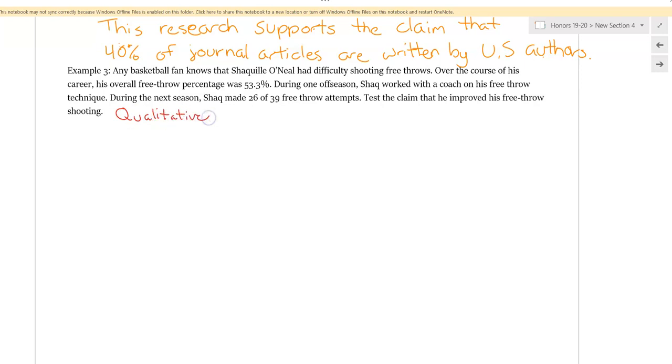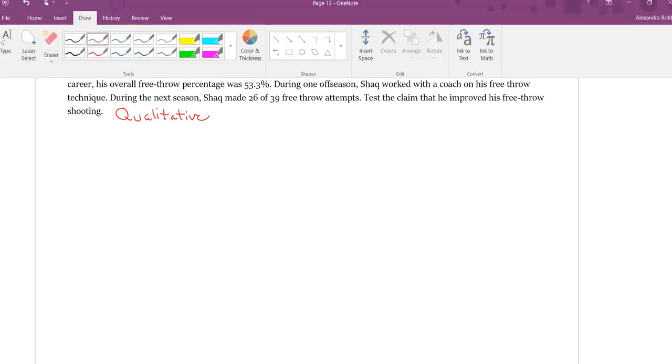So I'm going to first start with my margin of error formula.